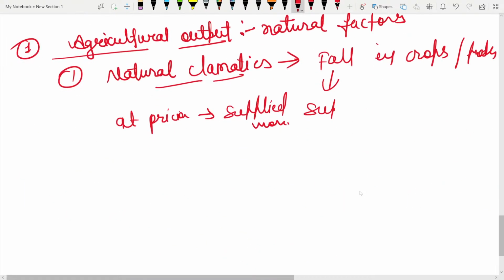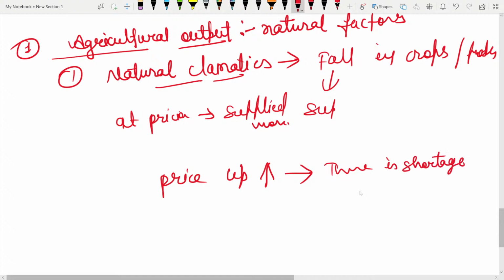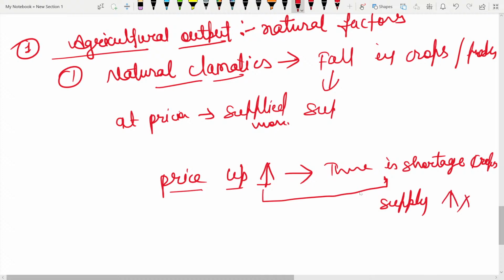Let's suppose the price goes up, but we all know that due to natural calamities there's a shortage of production or crops. Can we say that we are able to increase the supply of agricultural output? No. Therefore, as price goes up, supply does not go up, because there is an exception. This is the exception of agricultural output.